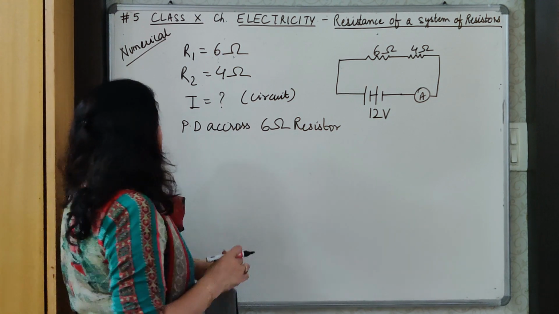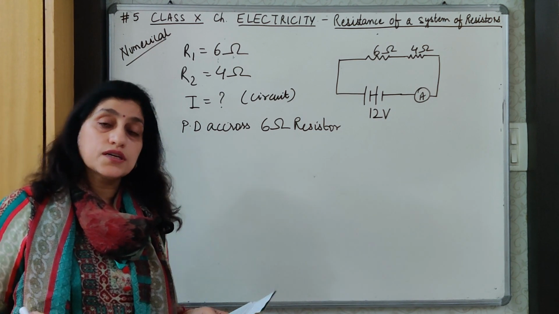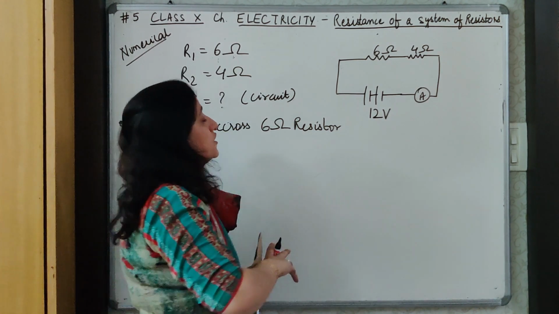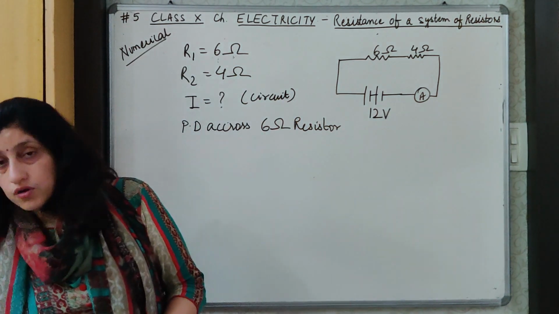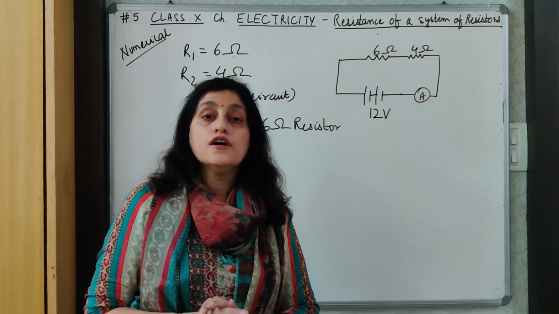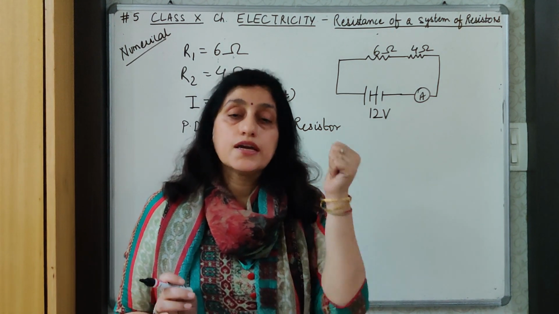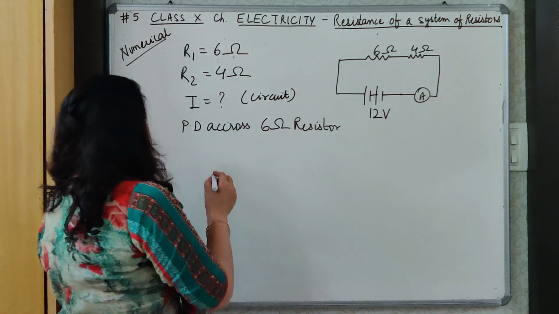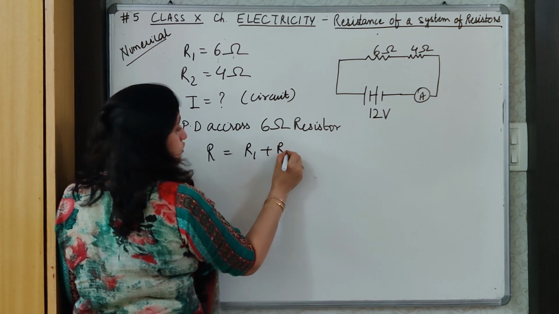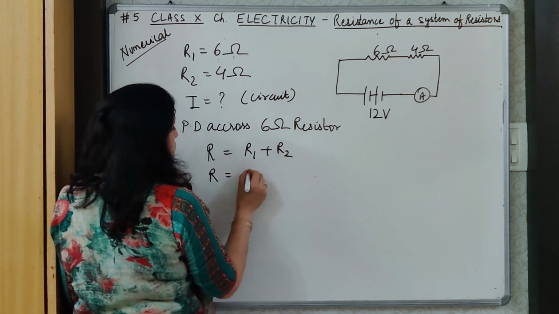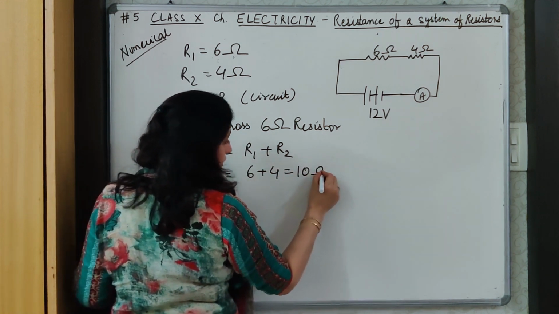Now the first question is, we have to find the current through the circuit. The current through the circuit will be a result of both the resistors, and we have the potential difference here. So how do we go about it? First of all, I will find the net resistance of the combination. It is a series combination, so my formula will be R is equal to R1 plus R2. Then R is equal to 6 plus 4, which gives me 10 ohm.